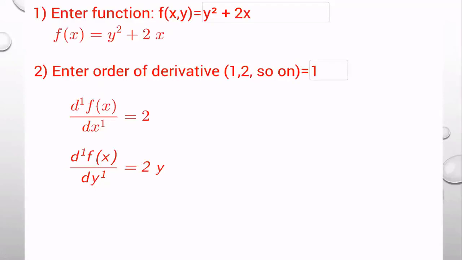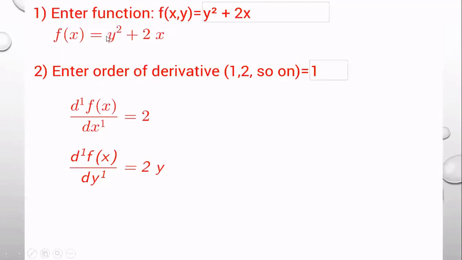Now the function is f(x, y) = 6y squared plus 2x. If you differentiate with respect to x, only x is a variable. The y squared term is a constant, and when you differentiate a constant, it should be 0. It is not a variable now.